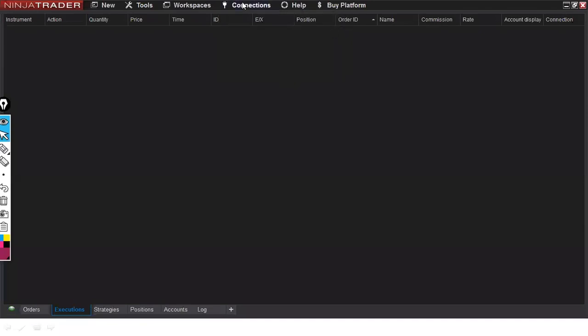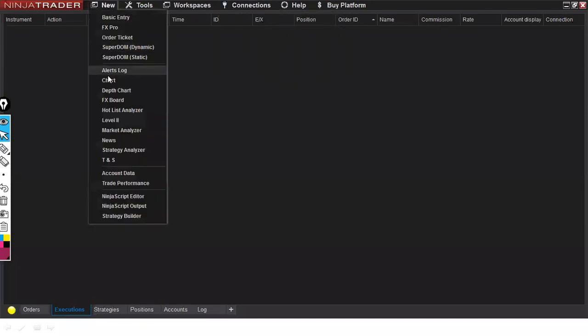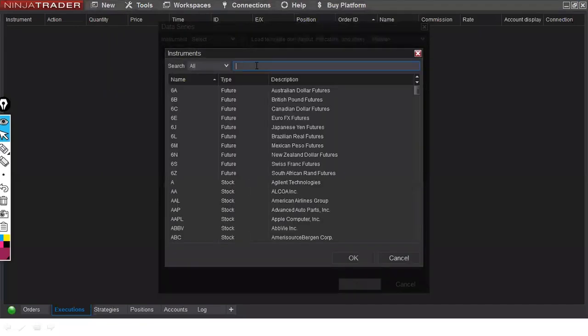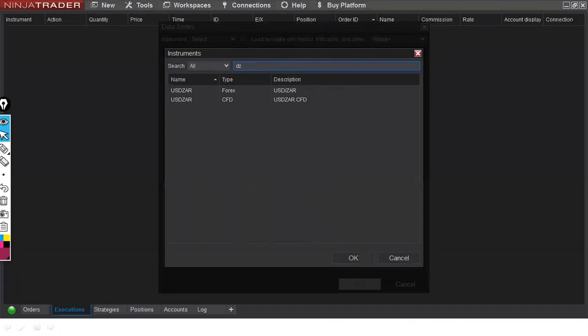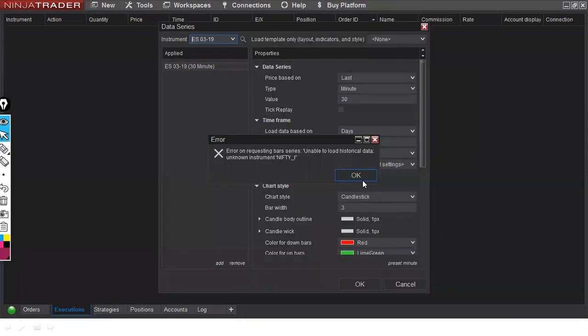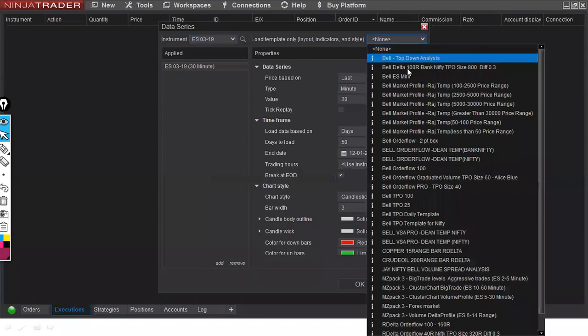I'm going to disconnect this and connect to my Kinetic. New chart. I have a pre-template available with me.